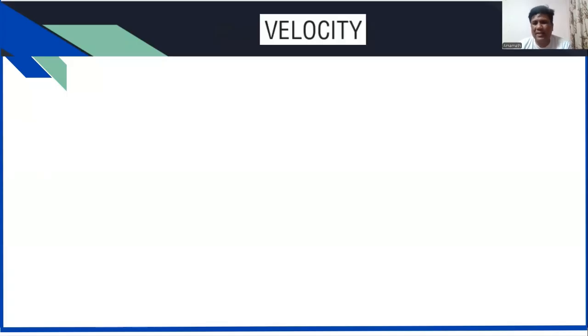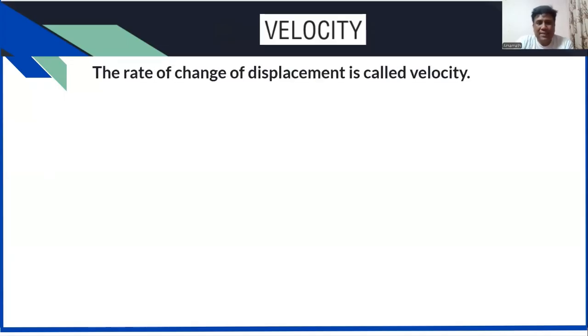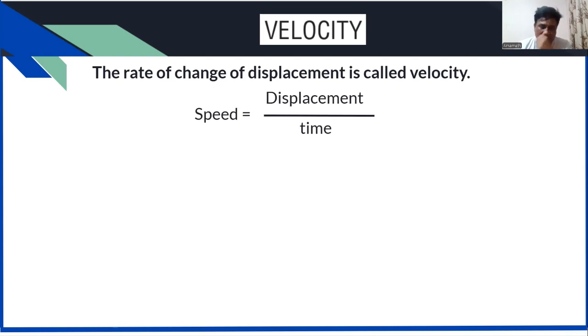But today we are going to discuss velocity, which is nothing but the rate of change of displacement. The rate of change of displacement is called velocity. As displacement is a vector quantity, obviously velocity also will be a vector quantity. Please keep on noting all these things in your fair copy.